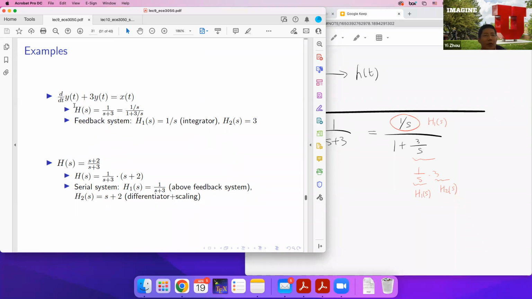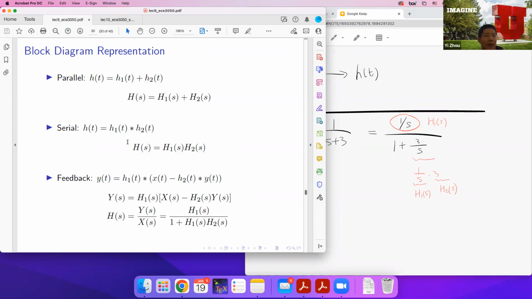So this shows that for these rational Laplace transforms, we can always decompose them, analyze them, or view them as a composition of multiple subsystems. And these are the basic templates that we can use to decompose the big system into smaller subsystems.